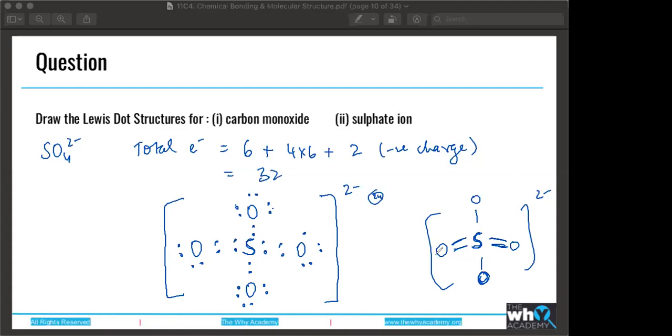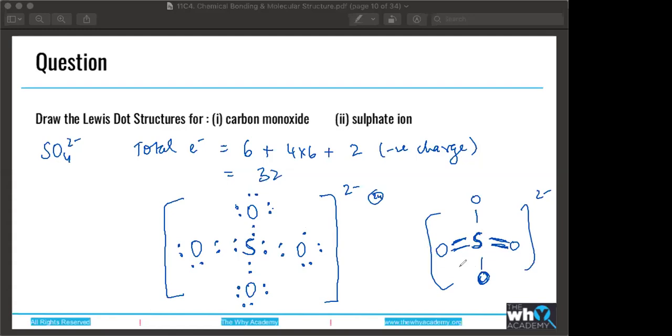Okay. But do you guys get the reason why we changed the structure? Earlier, everything was satisfied with single bonds, but why have we changed that? Why did we not consider that, and instead this would be the correct structure? Did you guys understand why we need the double bonds here and the single bonds here?